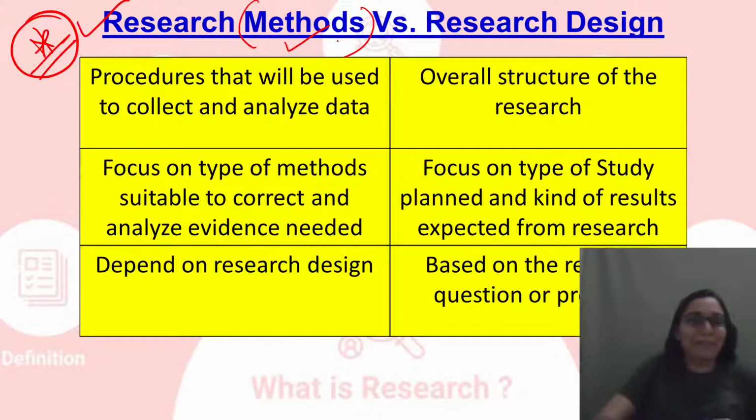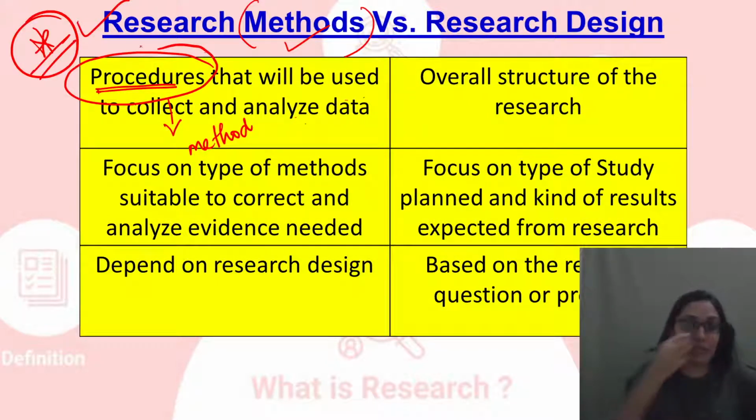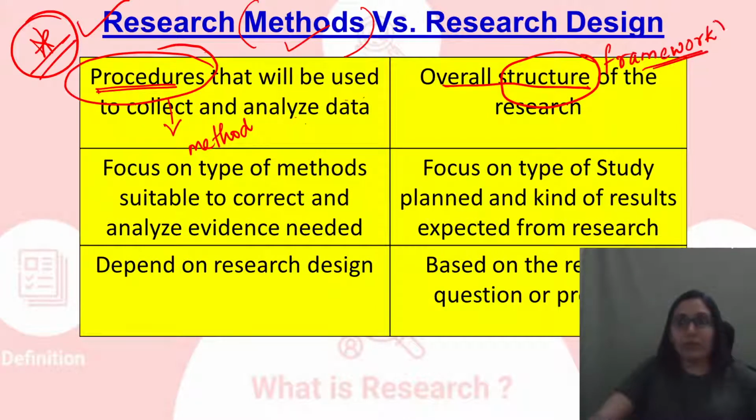No doubts. Okay. First one, procedures that will be used to collect and analyze data is the research method. So research method is the procedure. Now research design is the overall structure, or we can say overall framework. Now research method focuses on the type of method suitable to collect and analyze the evidence needed.